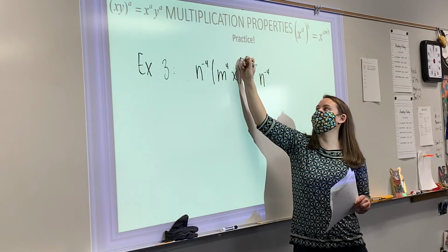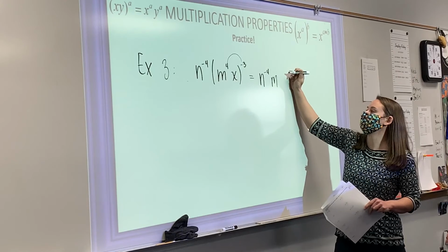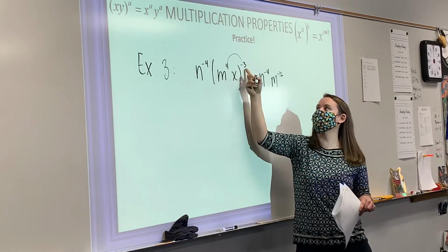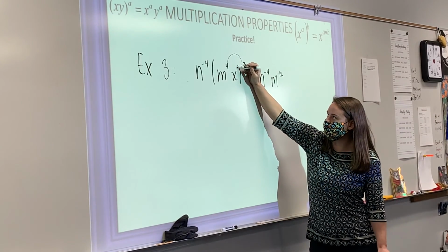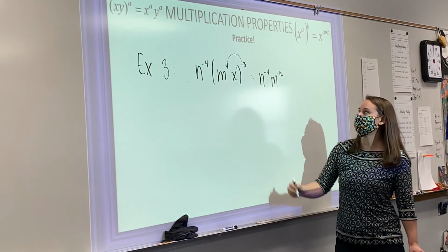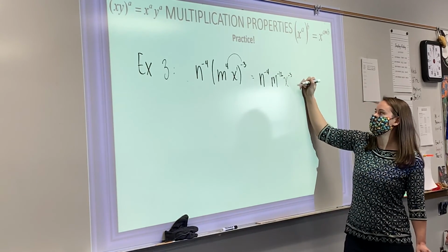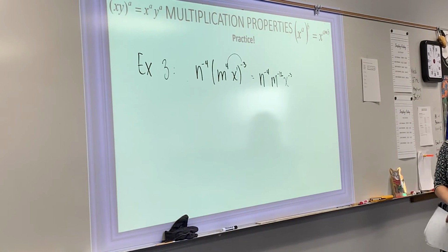But this becomes m to the what power? Yeah, you're not fooled. It's just 4 times minus 3. Good, and then I've got a 1 here. It's not there, but I can write it as a 1. So this becomes x to the negative 3. And it does not look like I can combine any of those. All right, so nothing huge there.